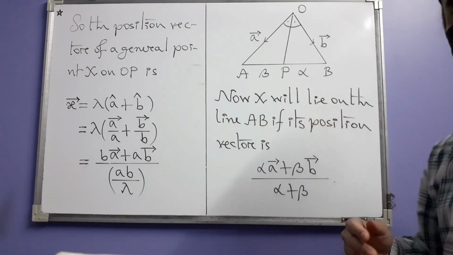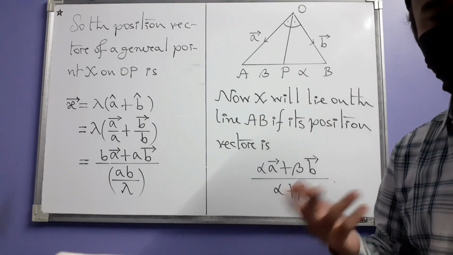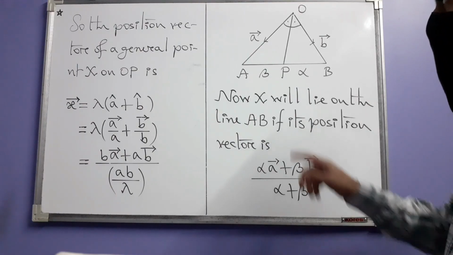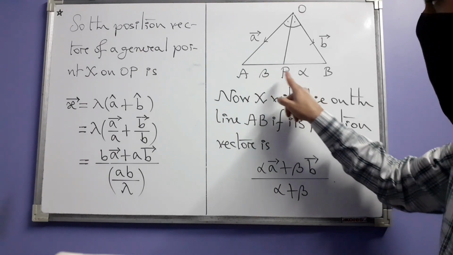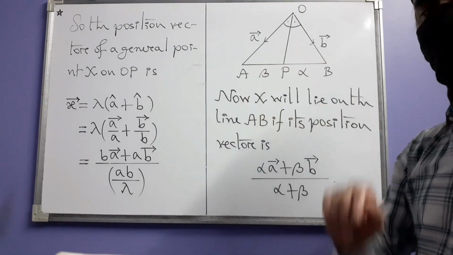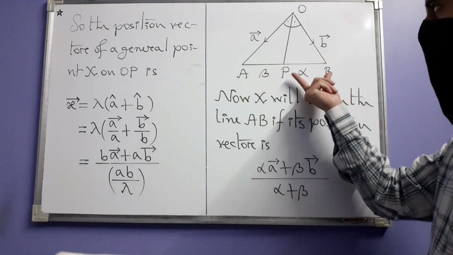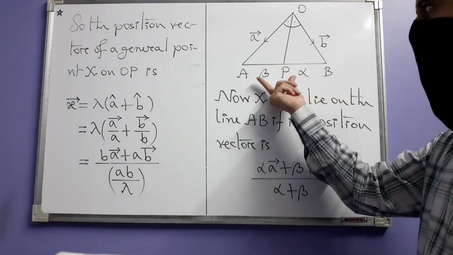But we already know how to calculate the position vector of P using the section formula. The alpha and beta that you see here are just the lengths of these line segments. By alpha I mean PB and by beta I mean AP.